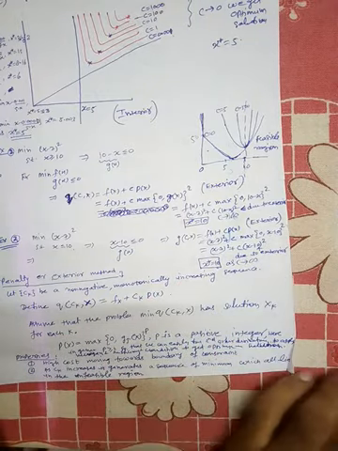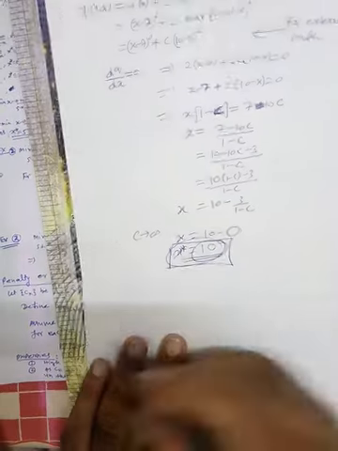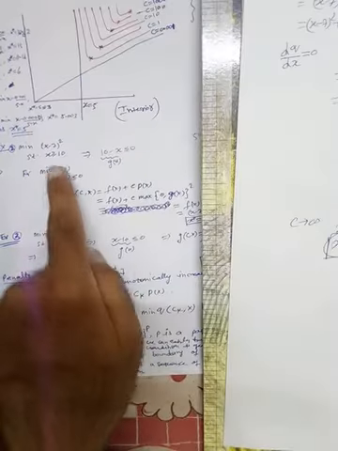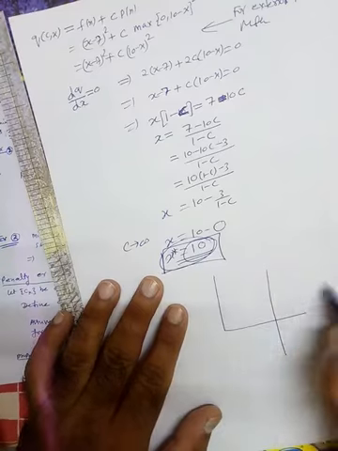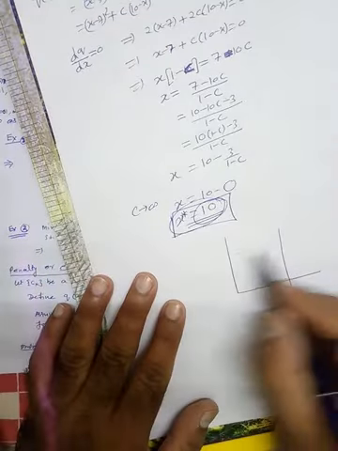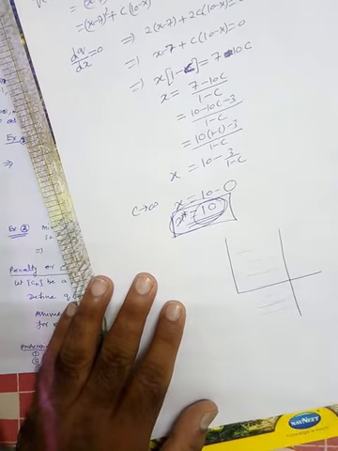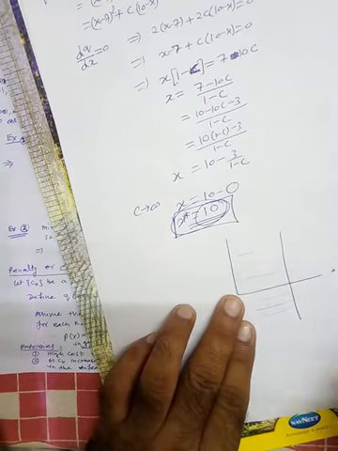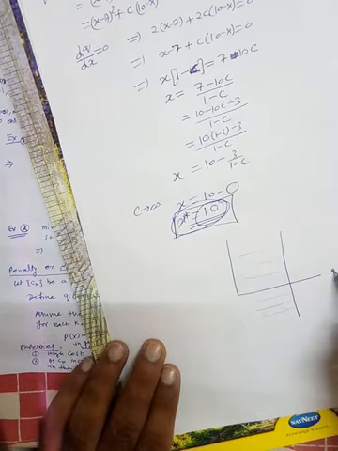So in this way, what will be the domain? In the first problem, the domain is this side. However, in the second problem, the domain is this side. So when you are taking the second problem, we start from here, outside the domain.